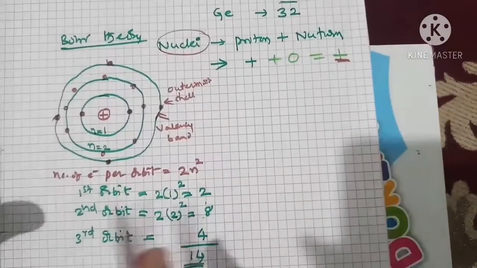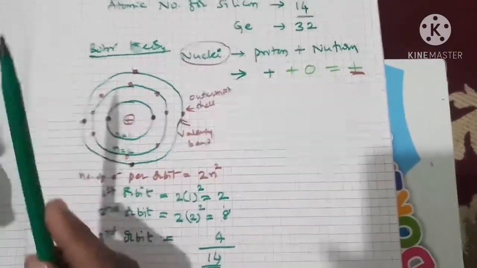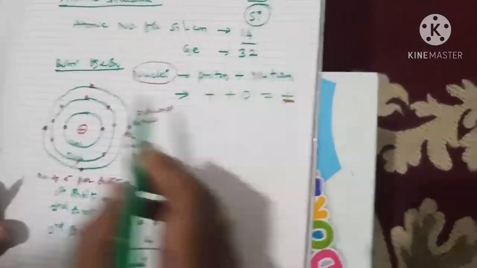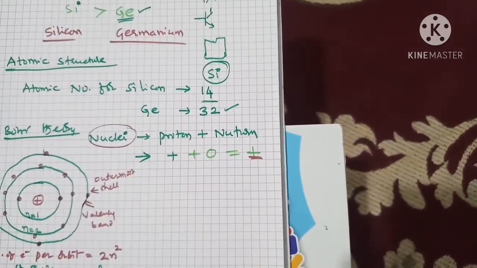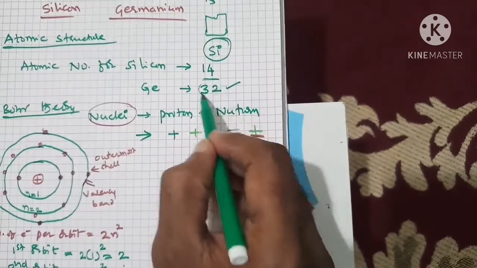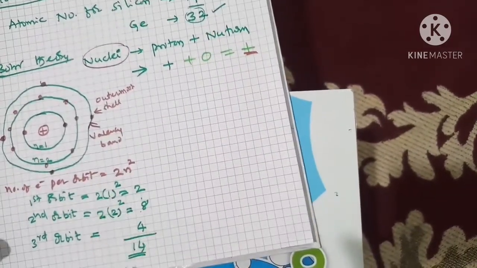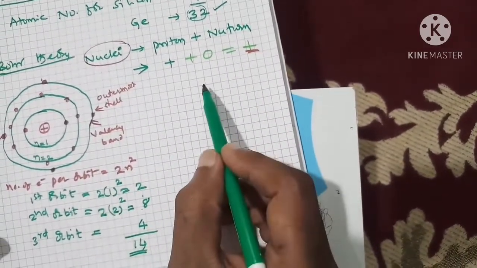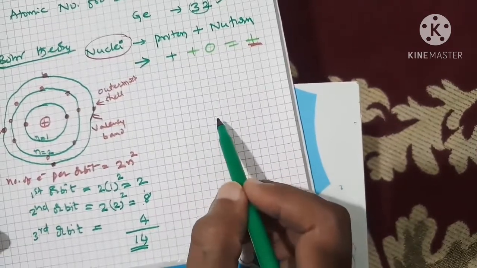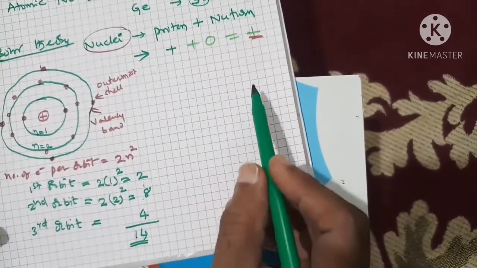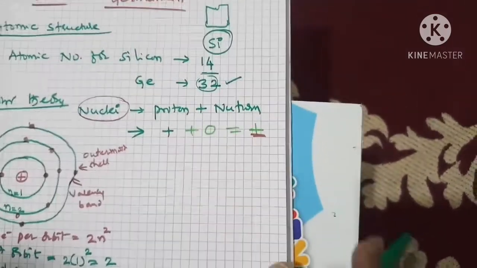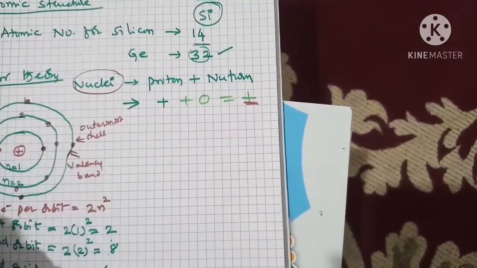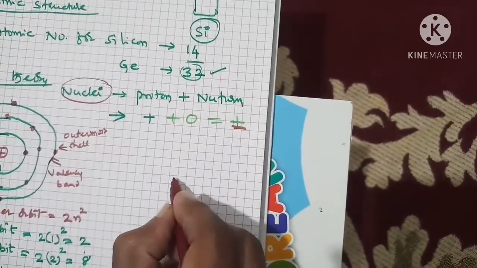Now we'll check the same thing for germanium. We understand that germanium has 32 as the atomic number. With 32, again we need to do the same calculations and write down the number of electrons per orbit. So I'm going to quickly draw the orbital structure for germanium.